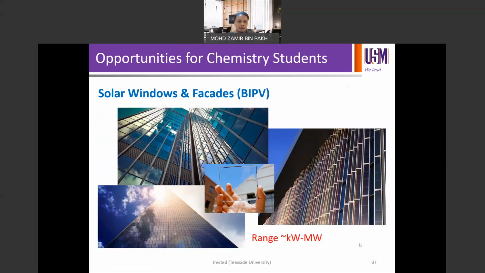Another application would be solar windows and facades. We call this BIPV, or building integrated photovoltaics. You can see here windows. We have so many windows that we can use for application of solar cells. In this case, normally the conversion efficiency is not that high, because if you talk about windows, you want some natural light to get into the building as well.